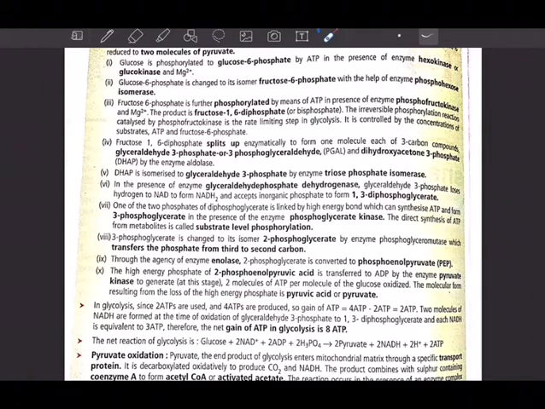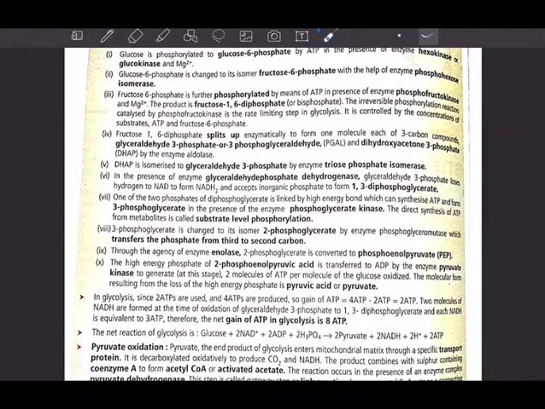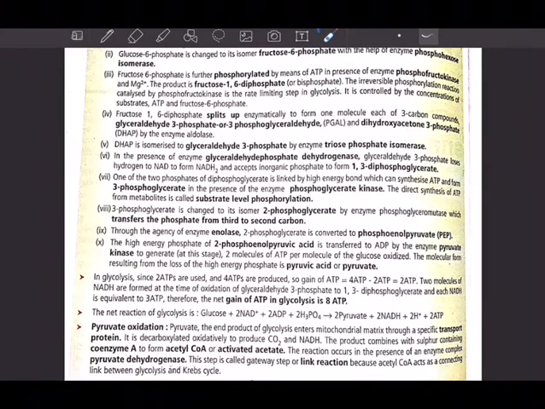The product is fructose 1,6-bisphosphate. The irreversible phosphorylation reaction catalyzed by phosphofructokinase is the rate limiting step in glycolysis. This controls the entire process of glycolysis. It is controlled by the concentration of substrates, ATP and fructose 6-phosphate.